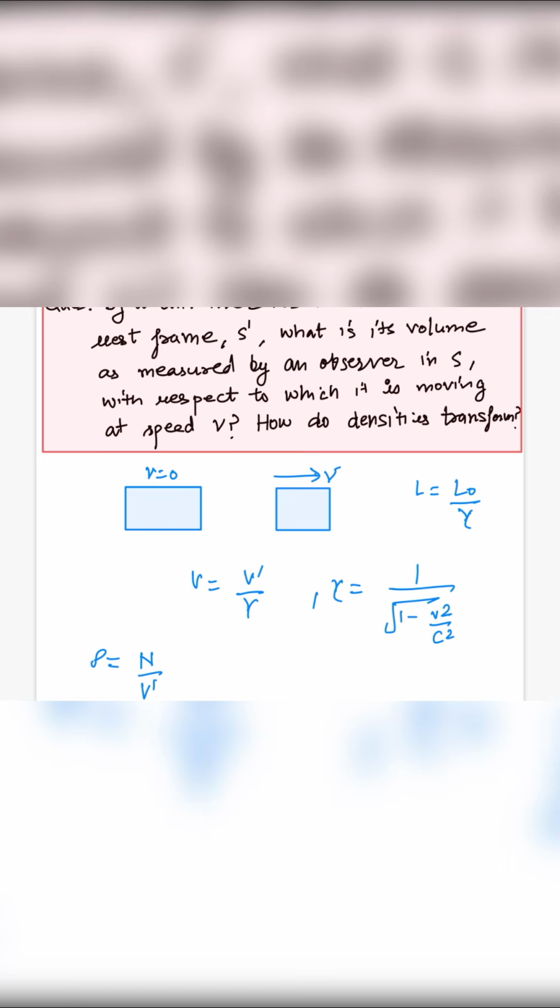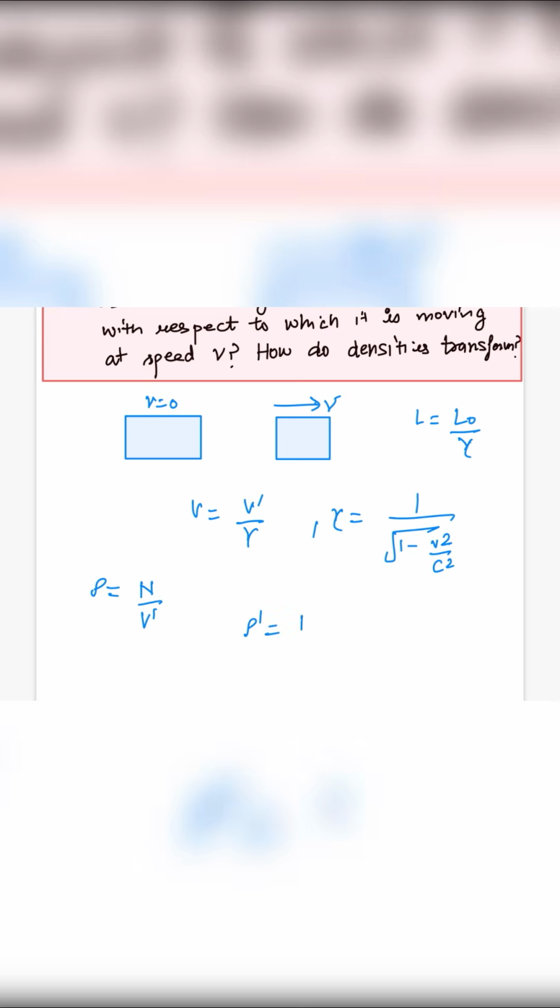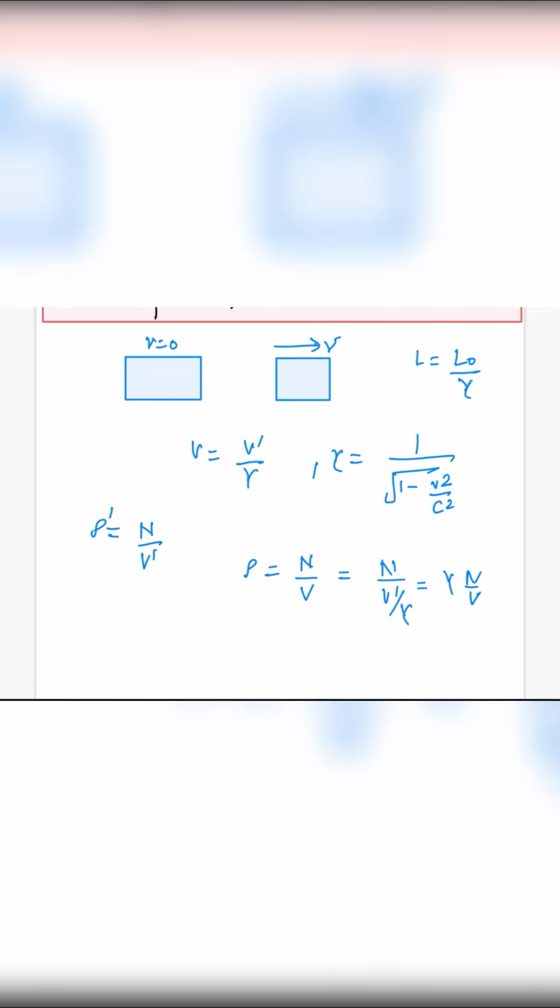Let's call the rest frame prime and the other just the S frame. The volume in the S frame is V prime over gamma, so the density is gamma n over V prime. So the density is going to increase by gamma.